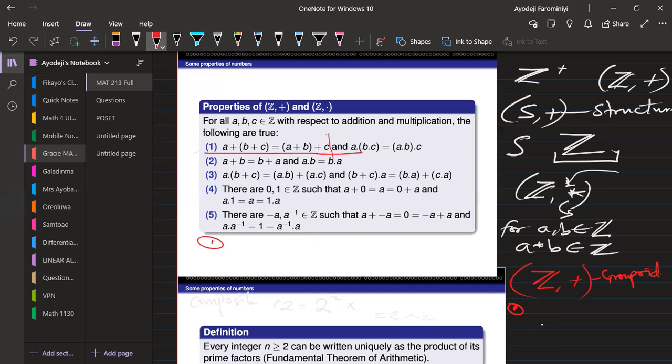Property one is associativity. So if the structure, that is the set together with the binary operation, is closed and the property of associativity is satisfied, then it has graduated from being an ordinary groupoid to what we call a monoid.